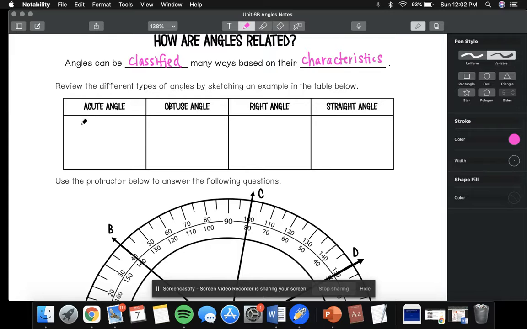So acute would be anything that is less than a 90-degree angle. Okay, an obtuse angle is anything that is greater than 90 degrees, but also less than 180 degrees.